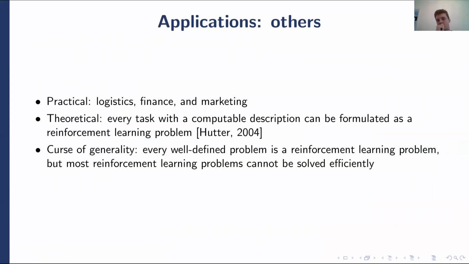There are also many other applications of reinforcement learning. There are applications in logistics, in finance, and marketing. So you can imagine, for example, that a reinforcement learning agent is living in an environment that is just made up of financial information, and it needs to make decisions about buying and selling stocks, for example, or it lives in an environment where it receives information about users, and it has to make decisions about which ads it should show to specific users, and so on.